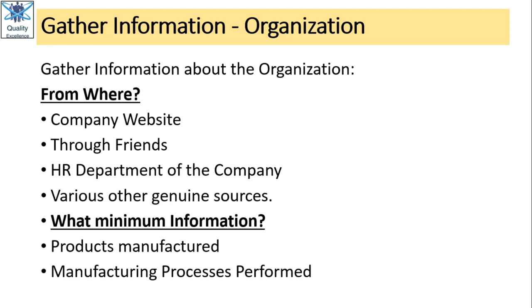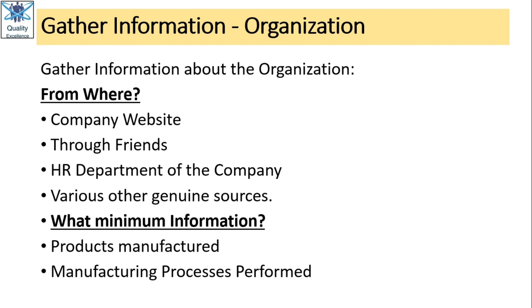And you can ask the HR department if you have received a job interview call, to provide company information. They can send an email with the link and you can get the information from there, and various other genuine sources you have.